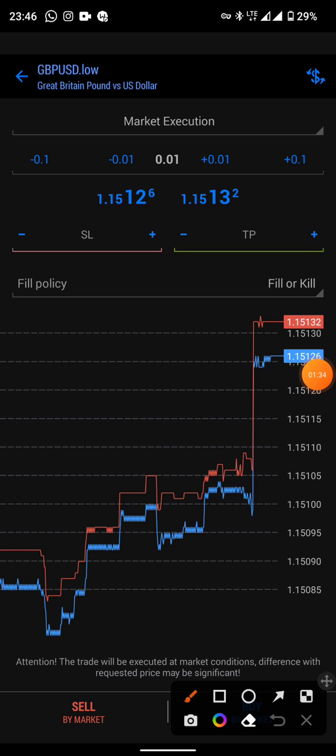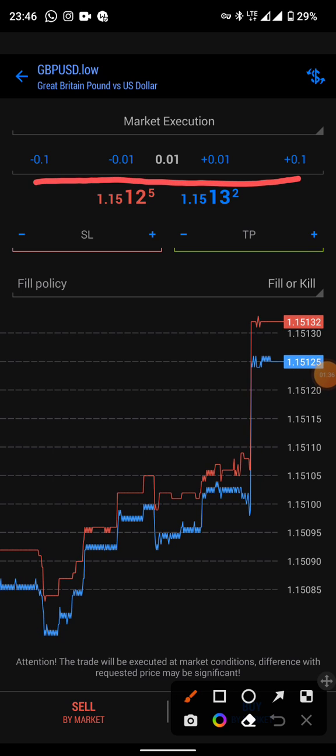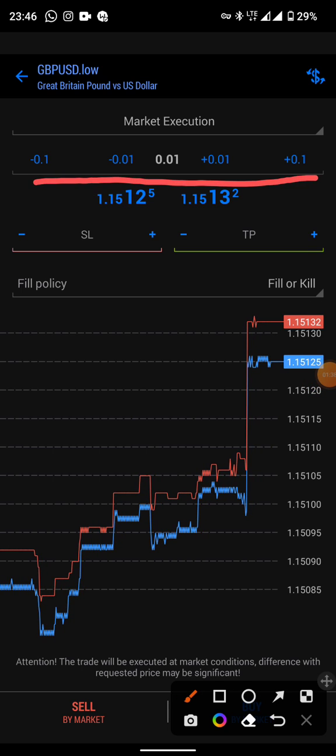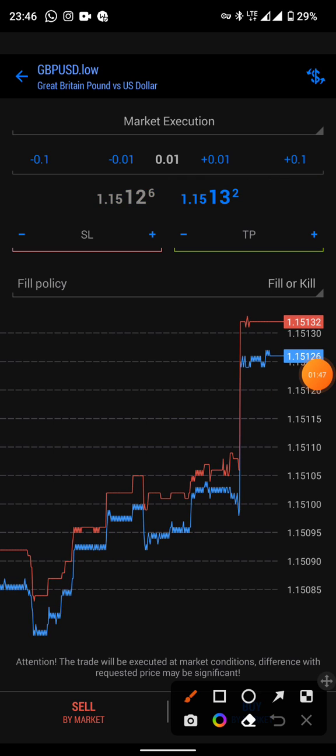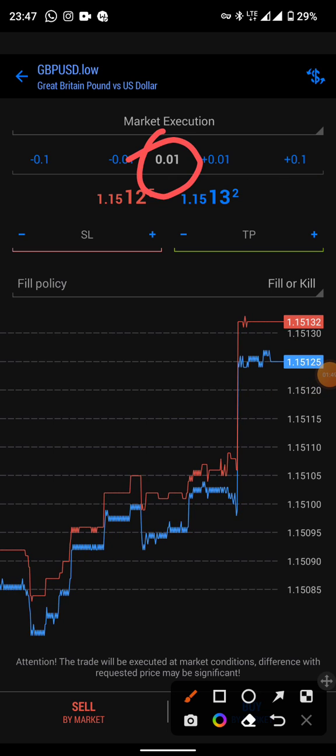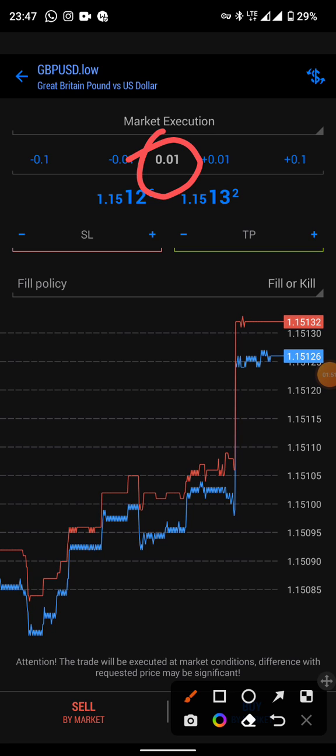Now let me quickly address those that have issues setting their lot sizes. There are 4 buttons here. The one in the middle is what your lot size is currently set at. The other 4 buttons are where you're going to either increase or decrease your lot size.